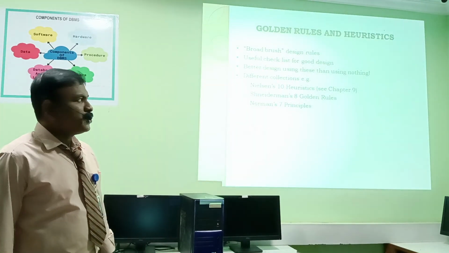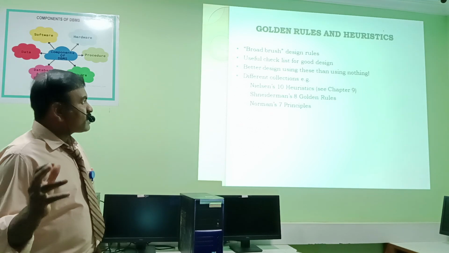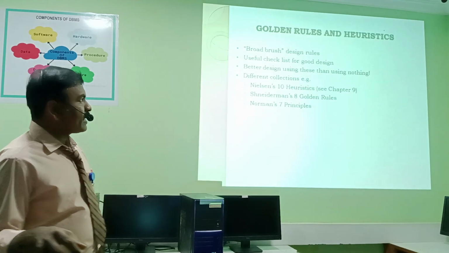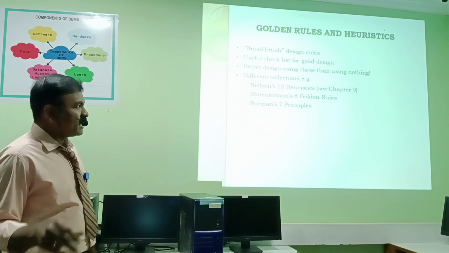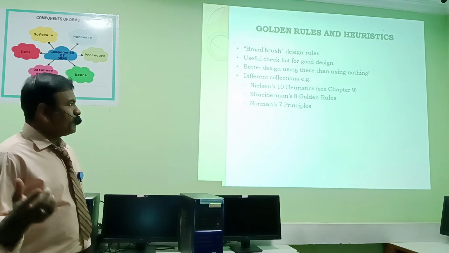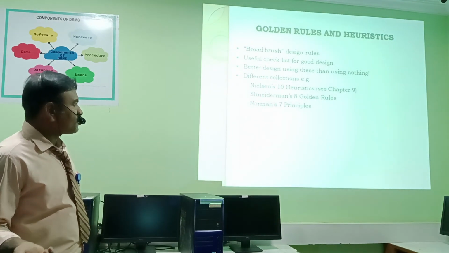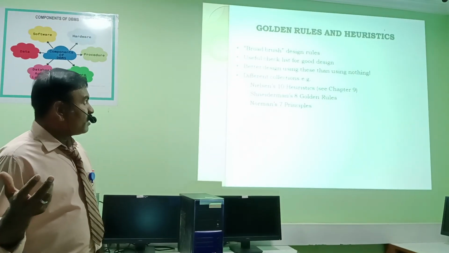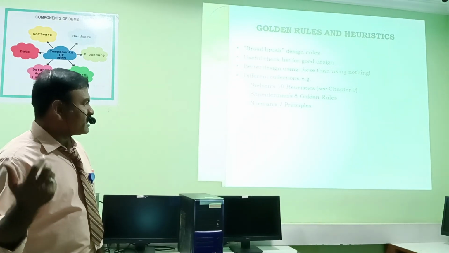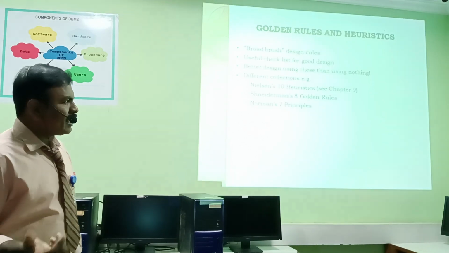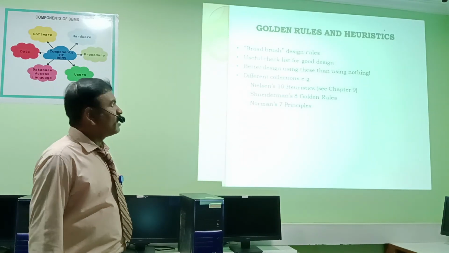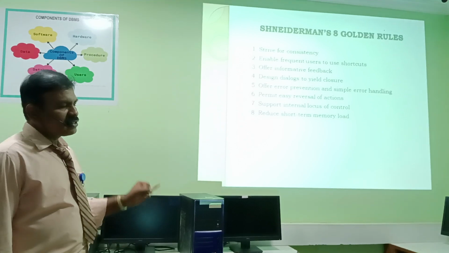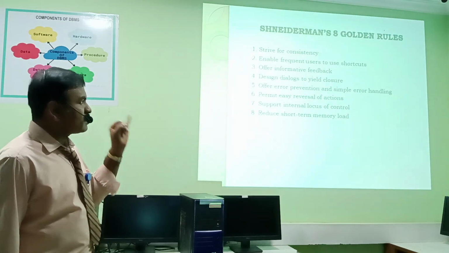Golden rules and heuristics: a broad brush design rule. A useful checklist for good design; better design results from using these than using nothing. Different collections are available: Nielsen's 10 heuristics, Shneiderman's golden rules, Norman's 7 principles. Shneiderman's 8 golden rules: strive for consistency.